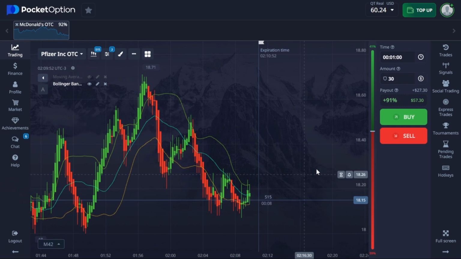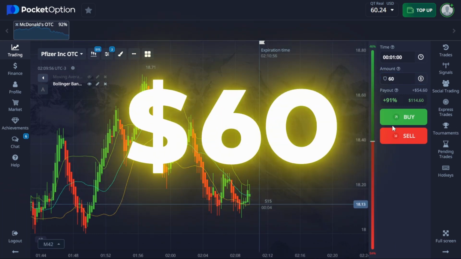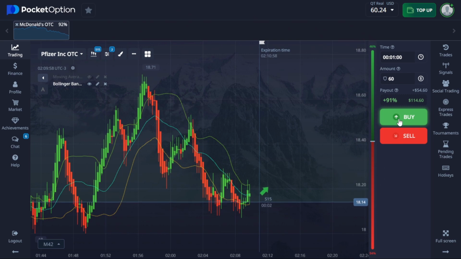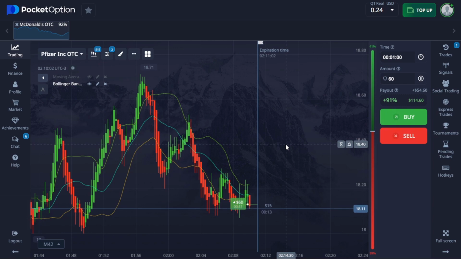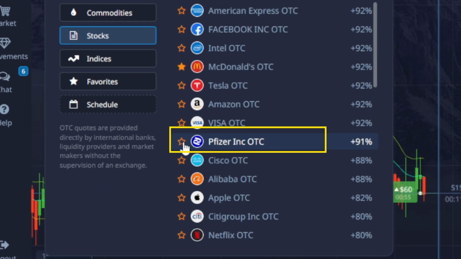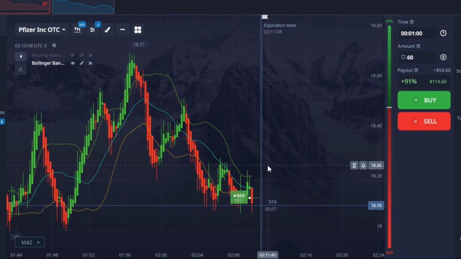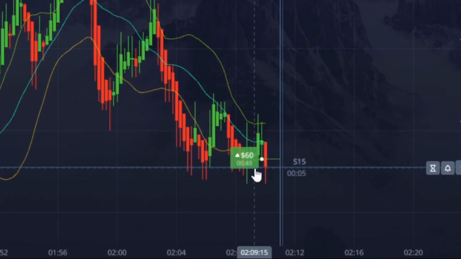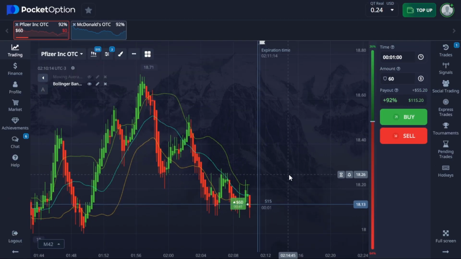So let's wait for this. Let's use right now $60 to perform the next entry and click on the buy button. Okay, I entered bullish on Pfizer. The price did not pass the main, showing rejection. These indicators help determine possible reversal points. Let's wait for the results.